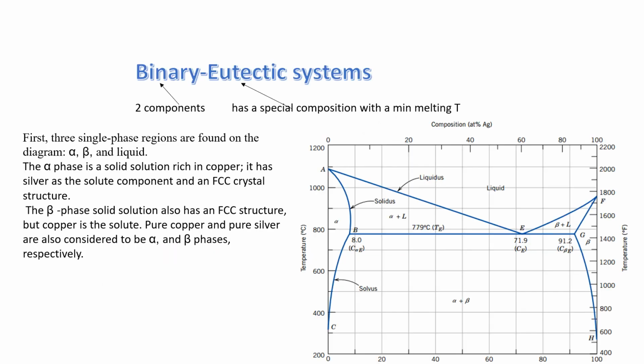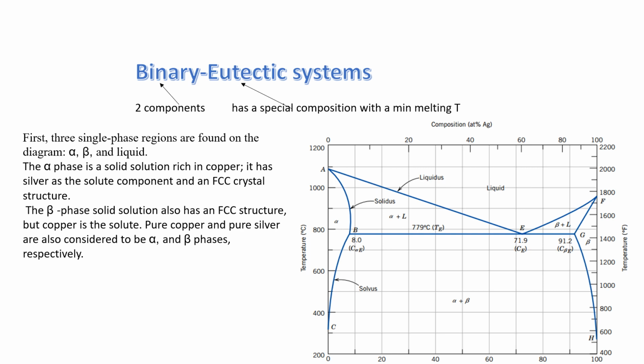We are repeating this section because we want to study the microstructure of binary eutectic systems when cooled down from a specific temperature in different regions.